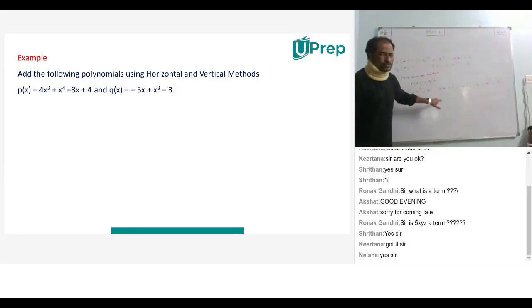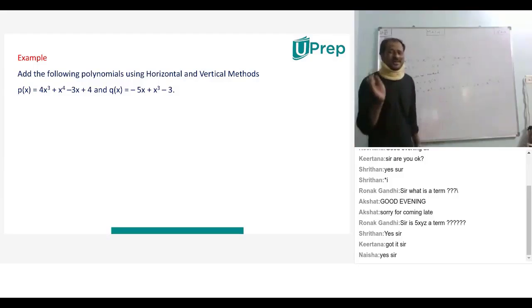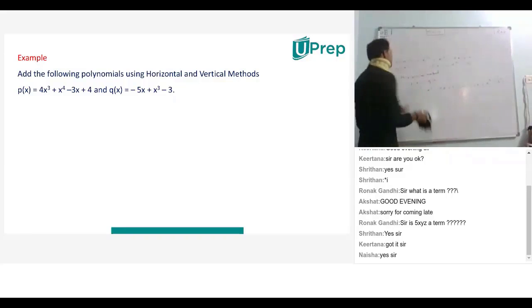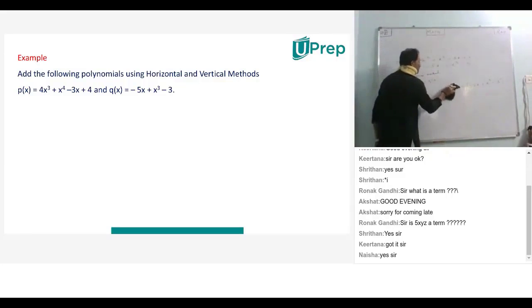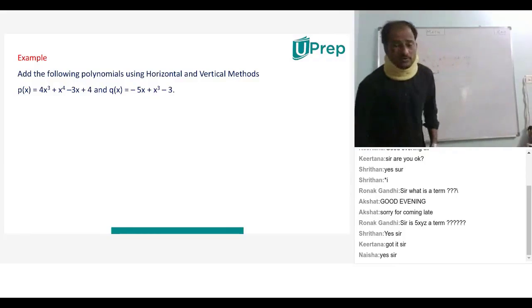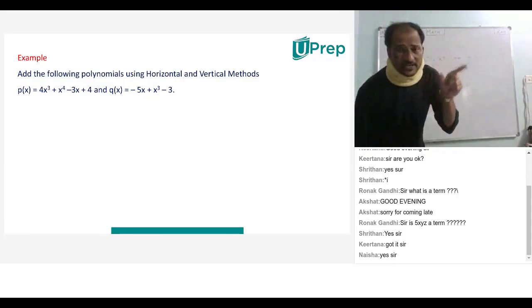When we want to do the addition and the subtraction, first of all we have to write the polynomial in ascending order or descending order of powers of the variable. So first I will rewrite this and I will rewrite this. We have to rewrite the given expression in the order of powers, either ascending or descending.